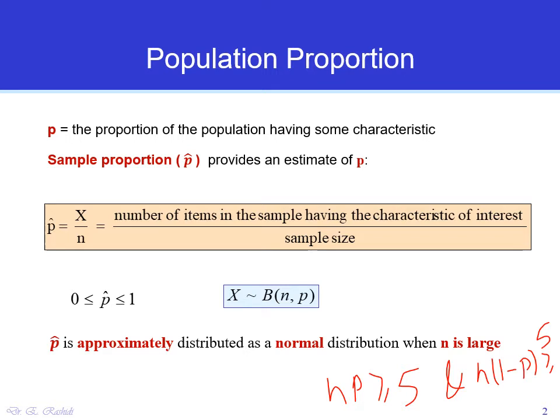So when these three conditions hold true, N is large, N multiplied by P is greater than 5, N multiplied by 1 minus P also greater than 5, then P hat would follow approximately a normal distribution.